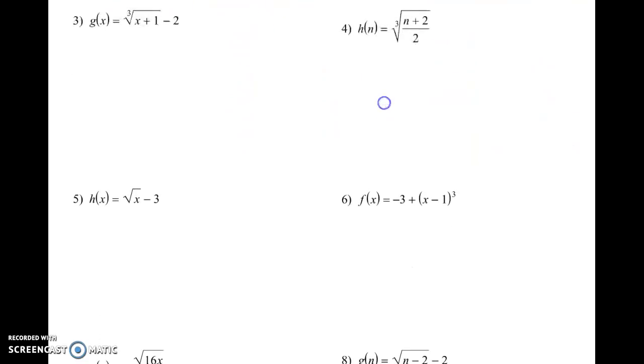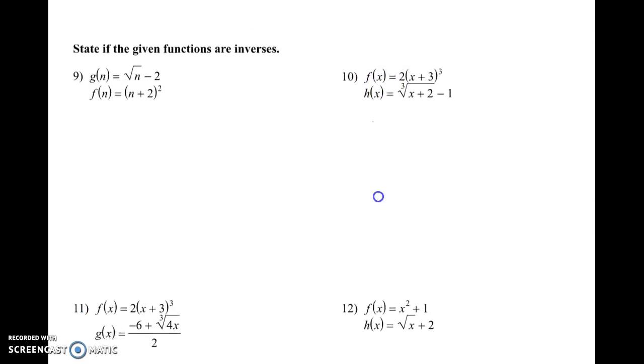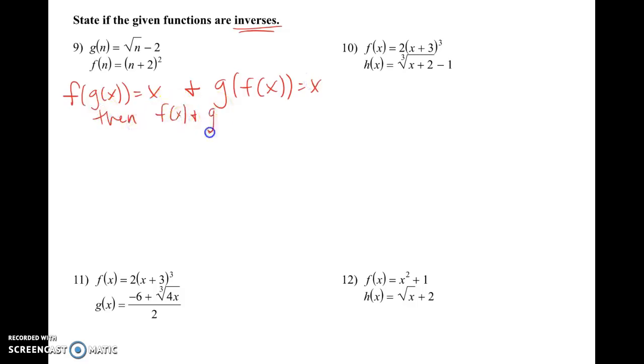The last thing I want to show you is when it says to state if the given functions are inverses. You're going to have to recall back when we did inverses that if f of g of x equals x and g of f of x equals x, then f and g are inverses.